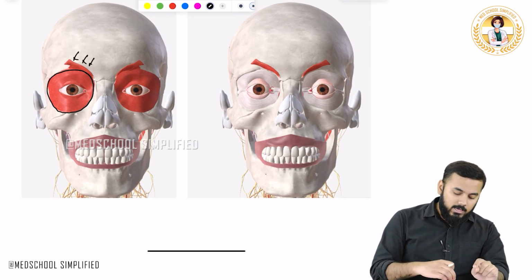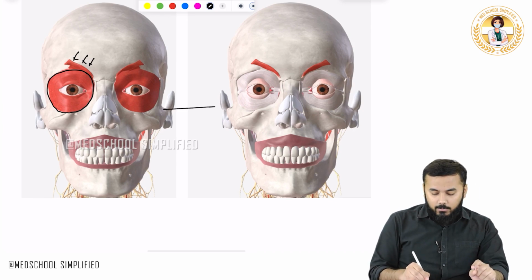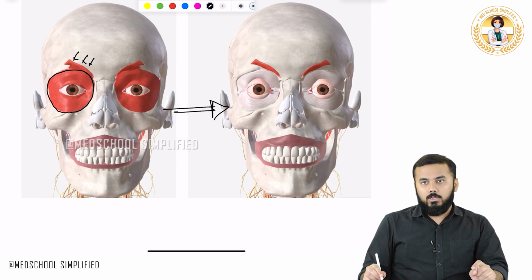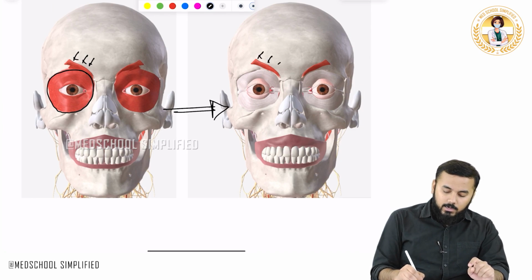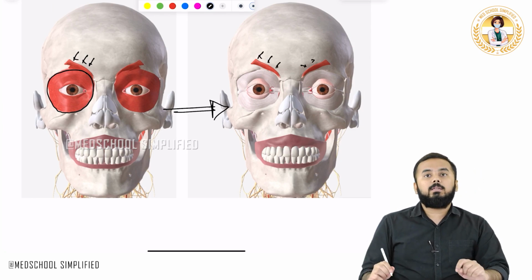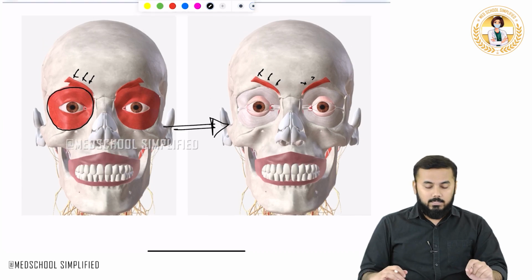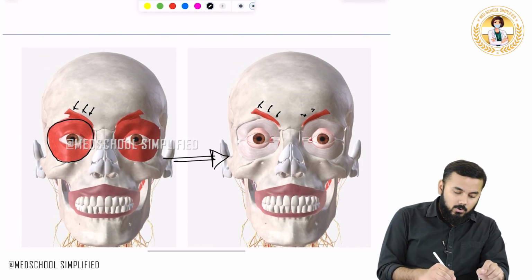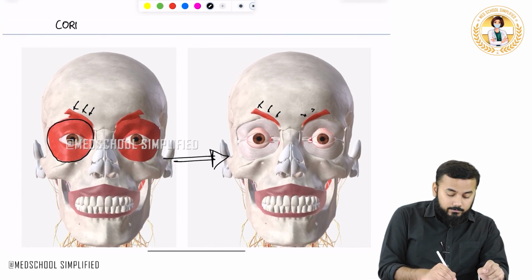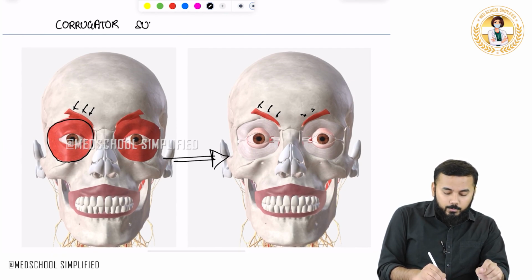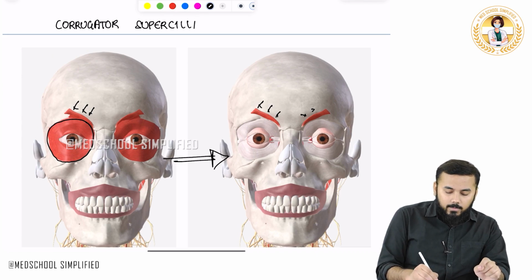Very clearly, if you have to see, I will remove the orbicularis oculi. After removing orbicularis oculi, this is how it looks. You see this particular muscle over here, this is called as superciliary muscle. Okay, what is this? This is called as corrugator supercilii muscle.